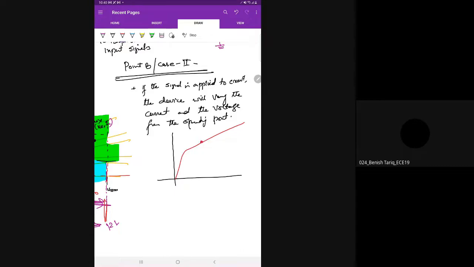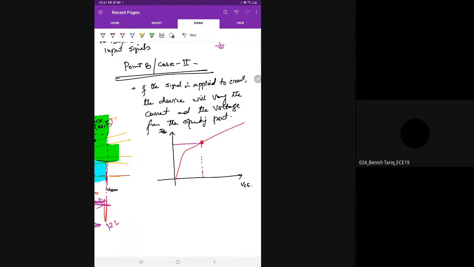And we know that this is point B. And we know that this is IC and this is VCE. अब देखिए, whenever DC biasing is applied such that this quiescent point reaches point B, फिर अगर आप इसमें कोई AC current add करोगे, then the variations will happen in collector current also. So what kind of variations? Variations will happen like this.